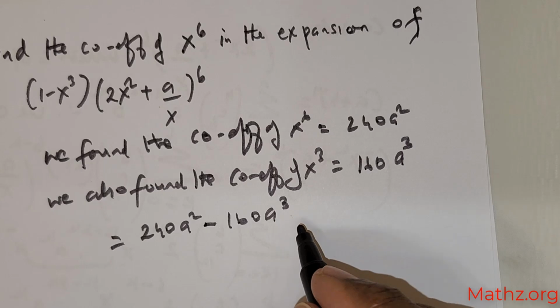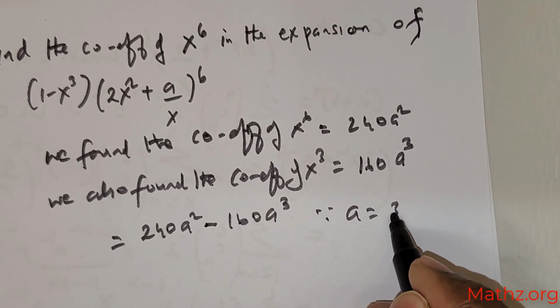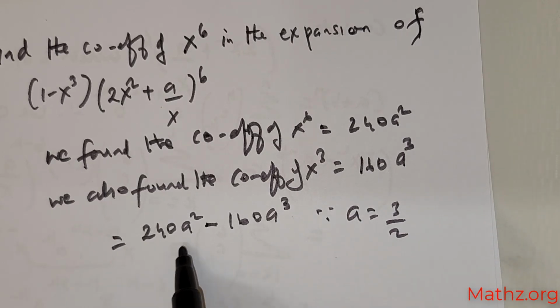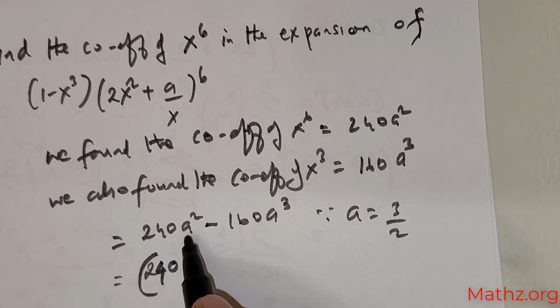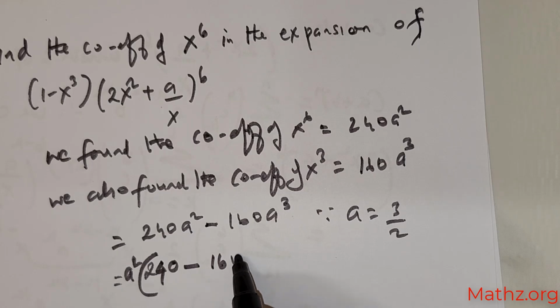Now what we have to do is substitute the value of a. A is equal to 3 over 2. We got to substitute that. In fact what I want to do is try to reduce it. So probably I will write this as 240, and if I take a squared out, you will have 160 times a.